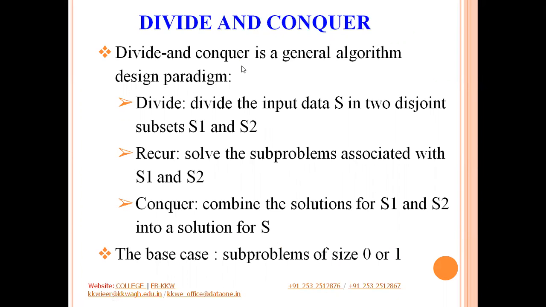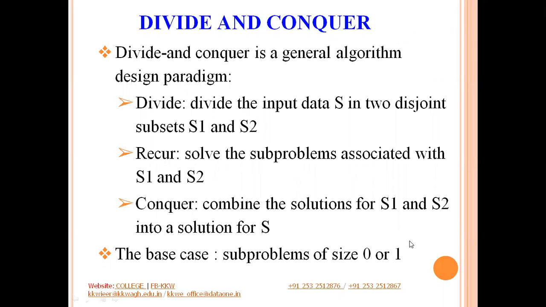Whenever we follow the divide and conquer approach, we are going to use the concept of recursion. Whenever we use recursion, our problem splits, and we go on calling recursion again and again. Obviously we will reach a phase wherein the size of the subproblem is either 0 or 1.